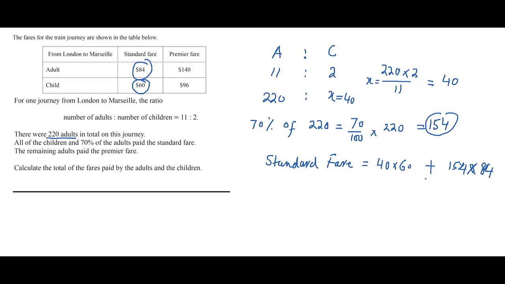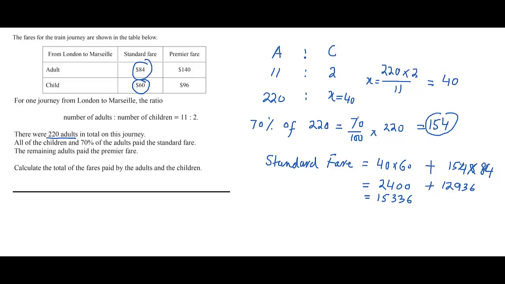This will give us the total standard fare for both children and adults. So the total standard fare is $15,336.